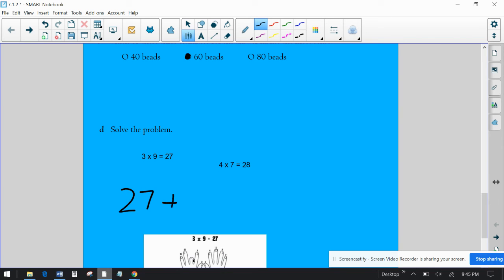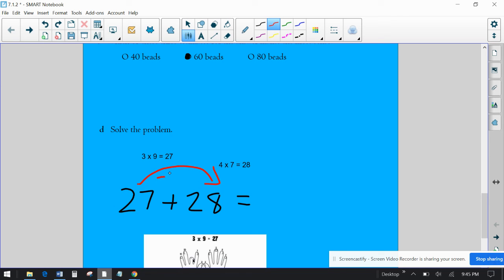27 plus 28 equals. And obviously, you guys understand that there's many different ways we could solve for this problem. I like when one of them is close to a friendly number, like, well, actually they both are, but 28 is close to a 30. What I like doing is making that 28 into 30.